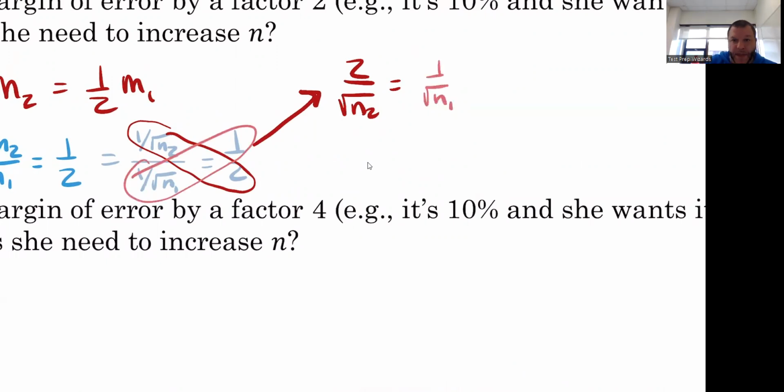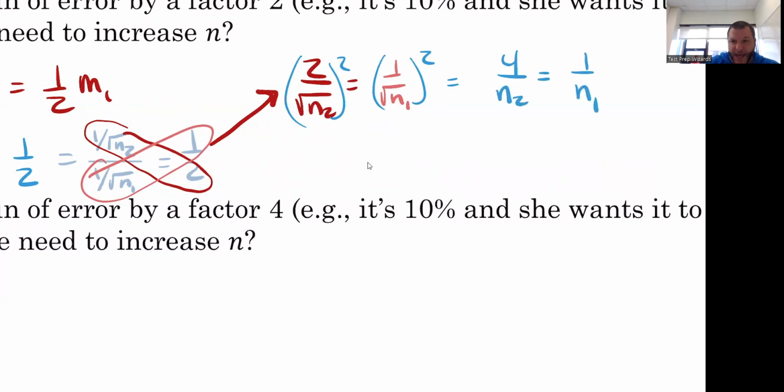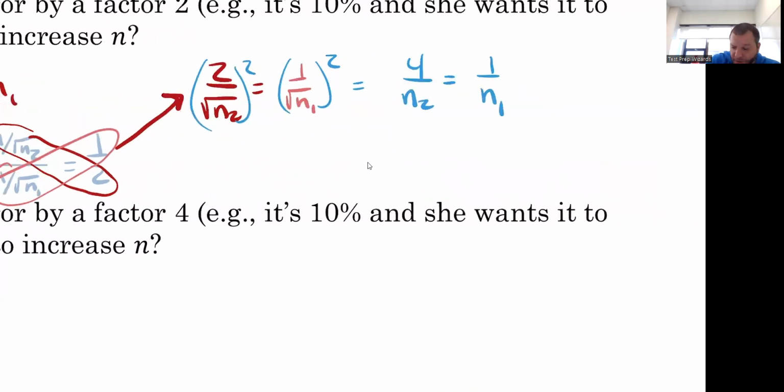Then we can square both sides to get rid of the square roots. I'm going to get 4 over N2 equals 1 over N1. If I cross multiply one more time, I get 4N1 equals N2.